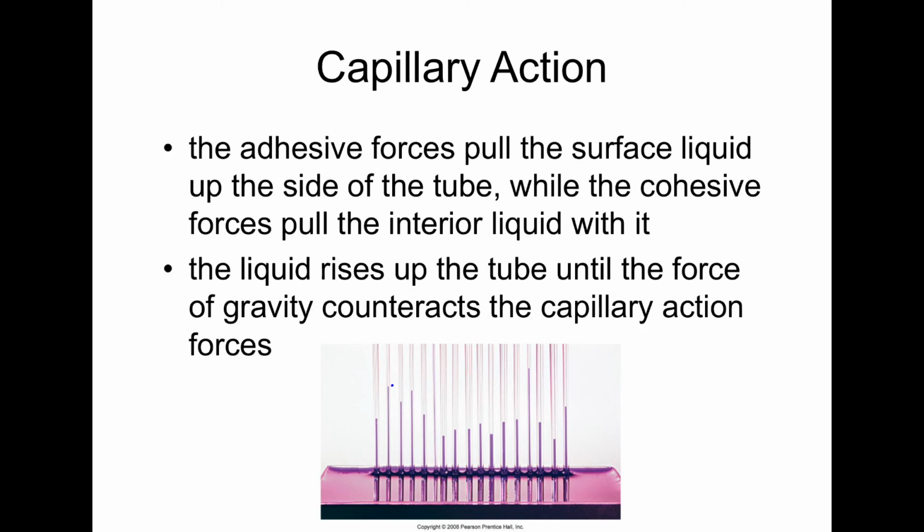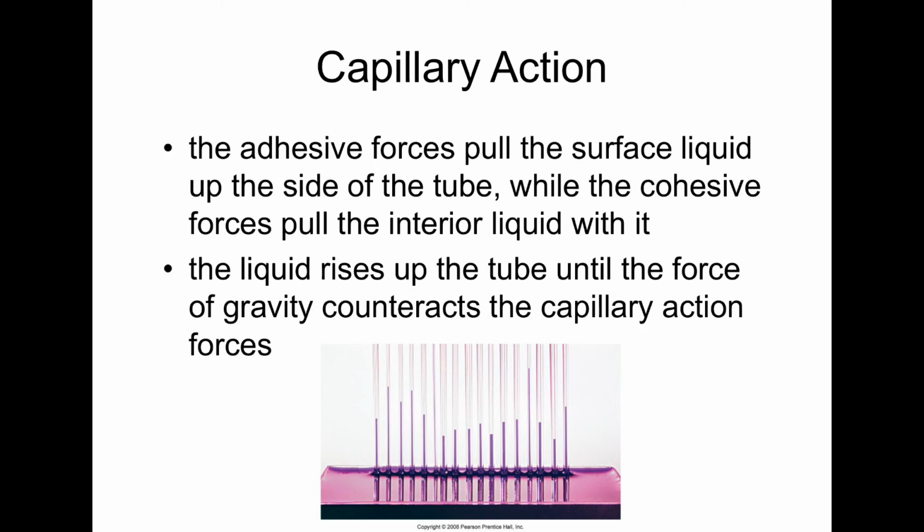And the reason for this is because capillary action pulls the liquid, so polar liquids, up the surface of the glass tube, but it's also being counteracted by gravity. So the more mass that's in the tube, the harder it is for the liquid to flow up the sides.